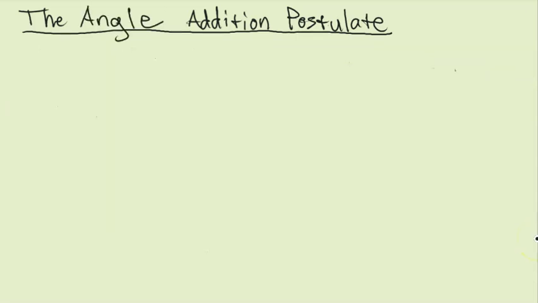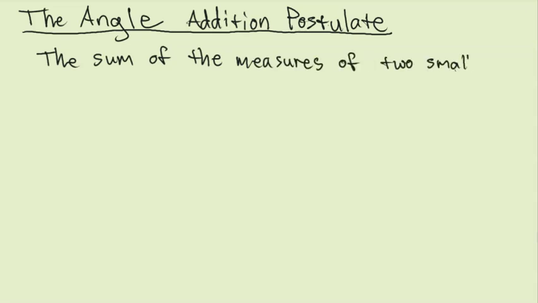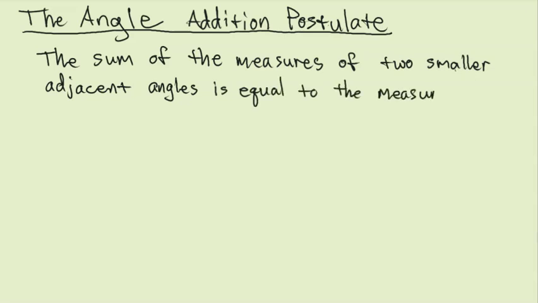All right, this time I'm going to give you the definition first, and then I'll give you an example. The angle addition postulate says, the sum of the measures of two smaller adjacent angles is equal to the measure of the larger angle that is composed of the two adjacent angles.